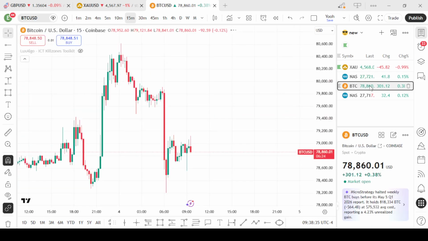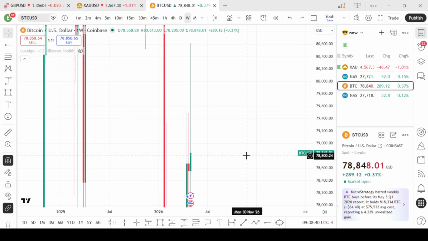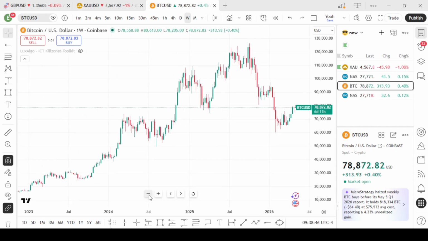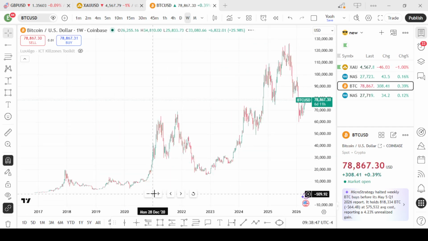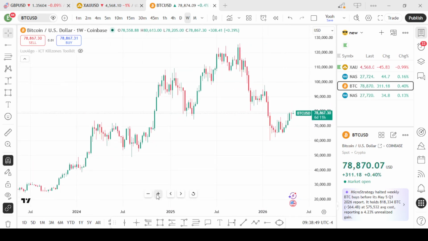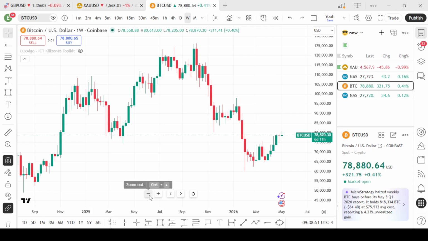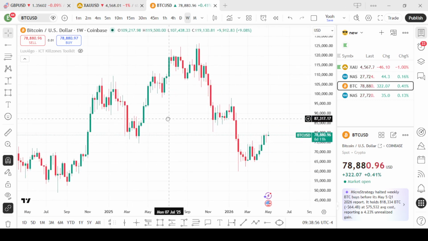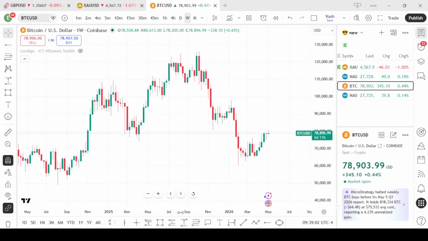Let's go to Bitcoin. On the Bitcoin weekly, we first note our current structure.